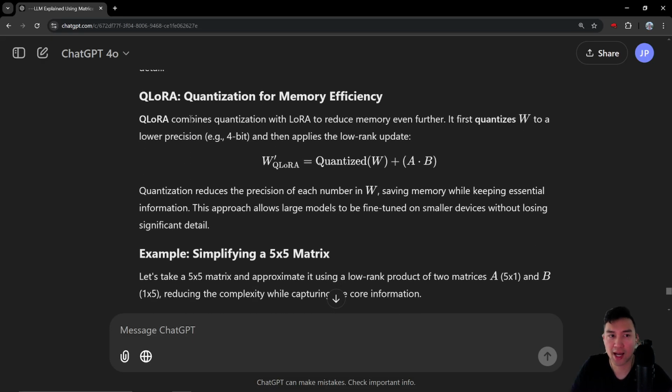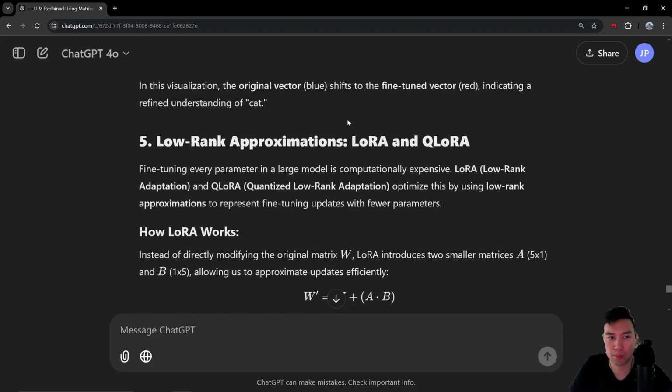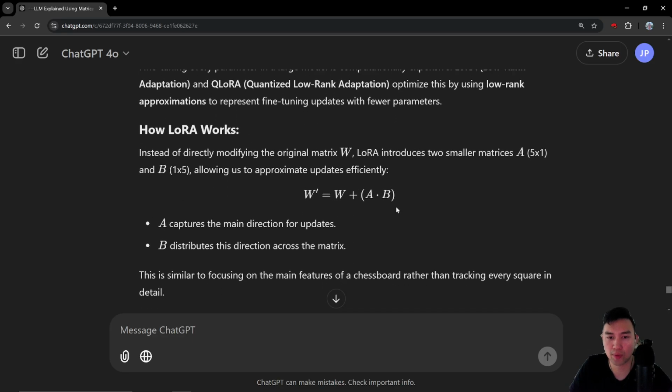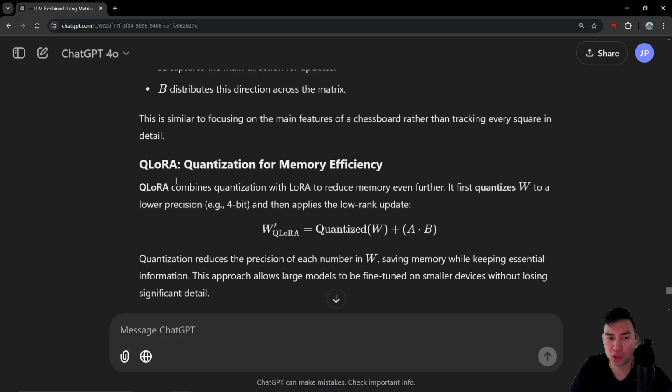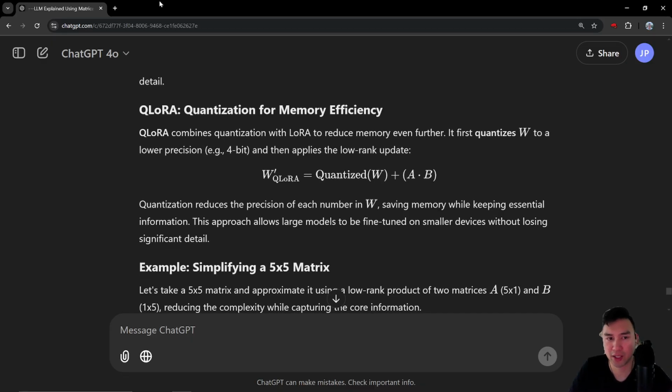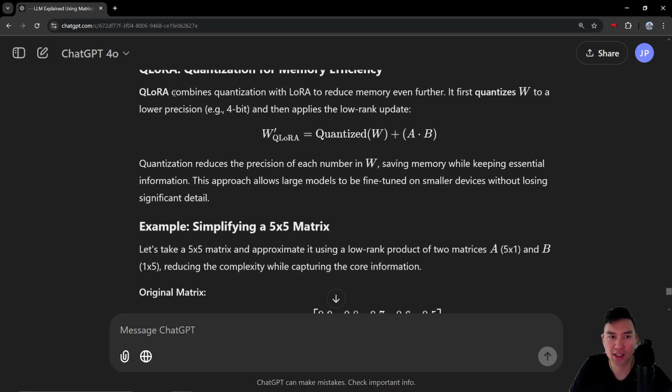So quantized low rank adaptation. On top of the low rank adaptation, you can also make it more efficient by quantizing for memory efficiency. Quantized low rank adaptation combines quantization with low rank adaptation to reduce memory even further.